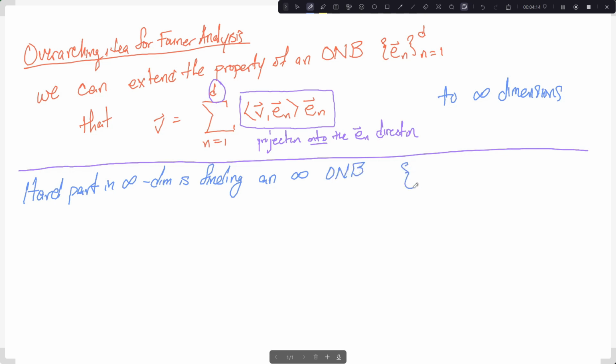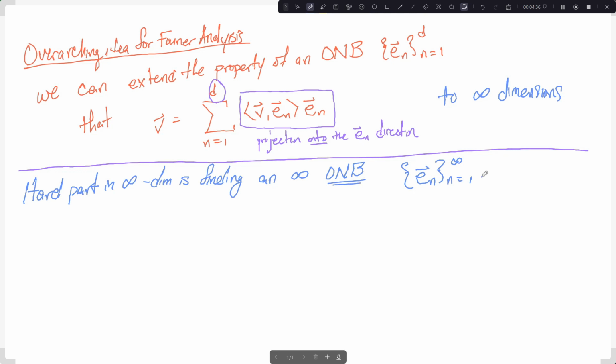It's constructing this set, which for now I'm going to call E sub n, going from, let's just start at 1 and go to infinity. You can index this a few ways, but let's just start at 1 going to infinity. The hard part is finding an orthonormal basis which is infinitely large.